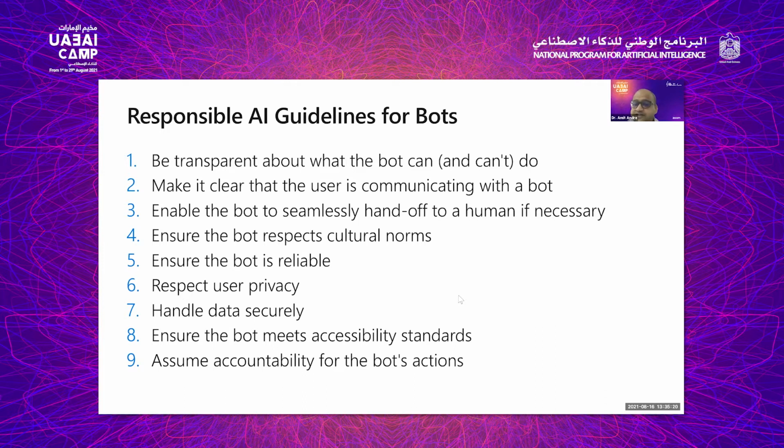However, when designing a bot, developers should consider the important factor of being transparent about what a bot can and cannot do. Make it clear to the user what can be expected from the communication. Enable the bot to seamlessly hand off to a human as and when necessary.